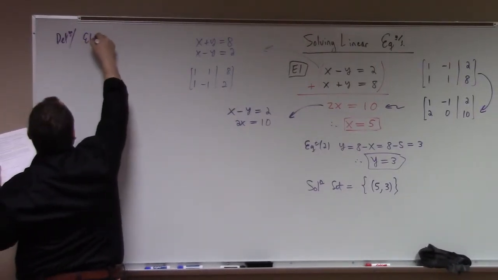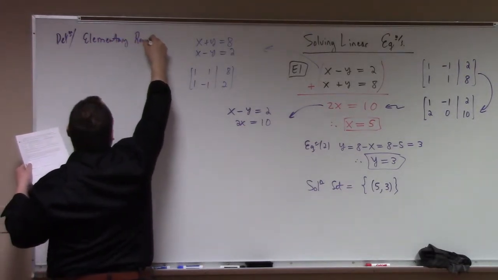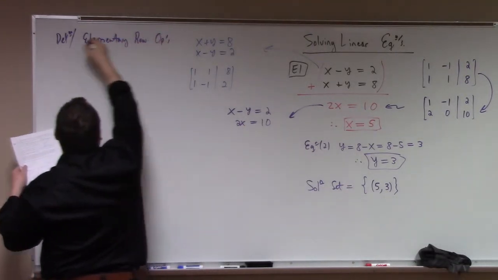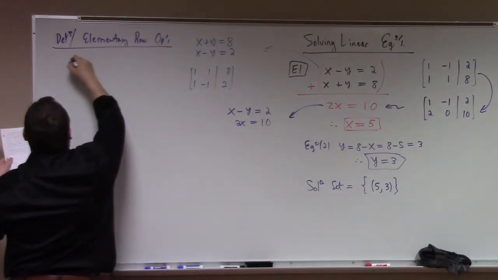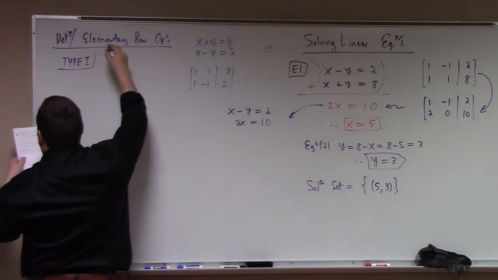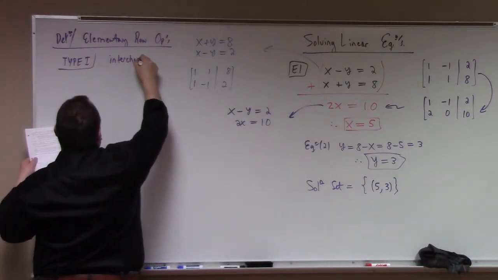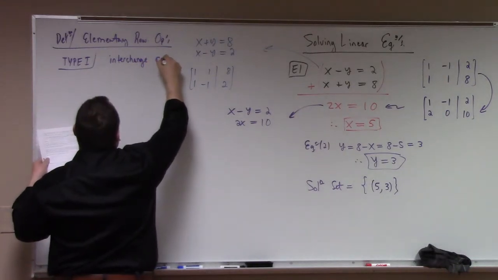Elementary row operations. Type 1 is to interchange rows.